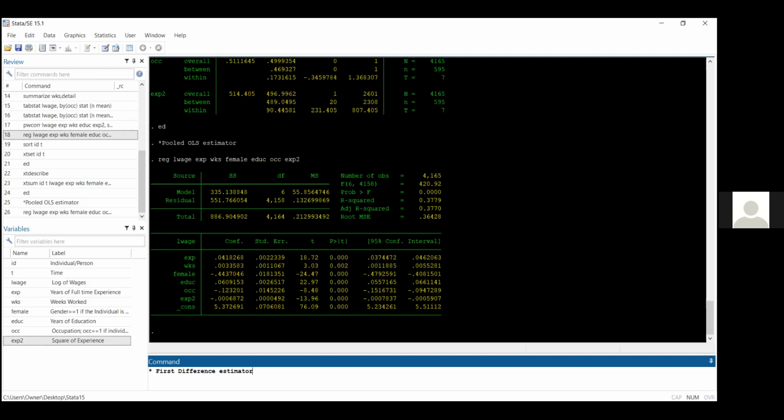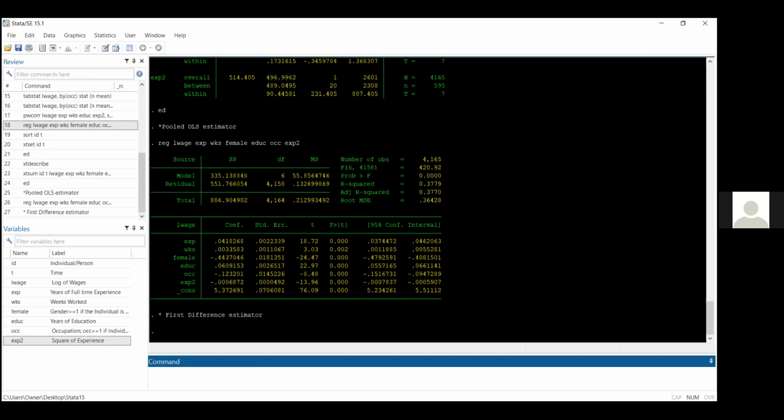So you just get the original equation that we have had, and then you take the difference for all the variables that have to be differenced, and then that is it. The heterogeneity disappears, like we saw in the last illustration.